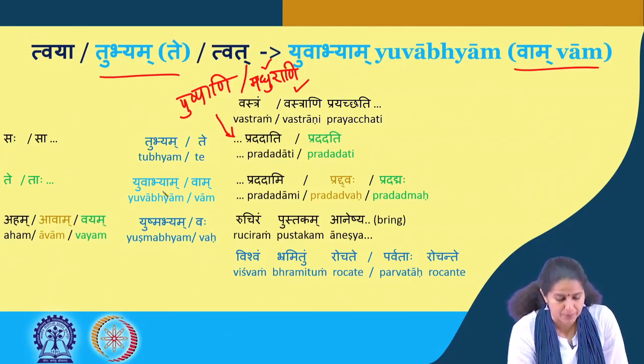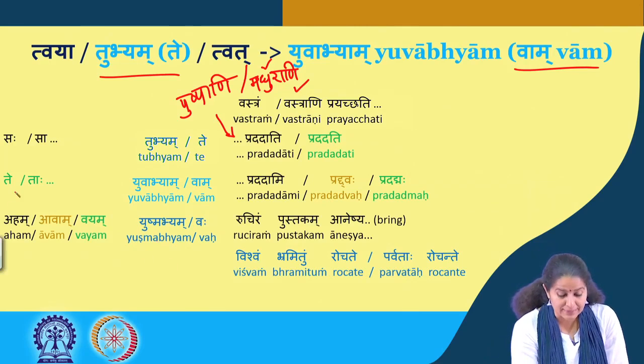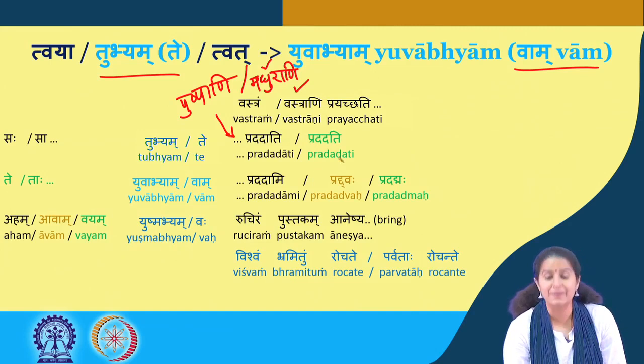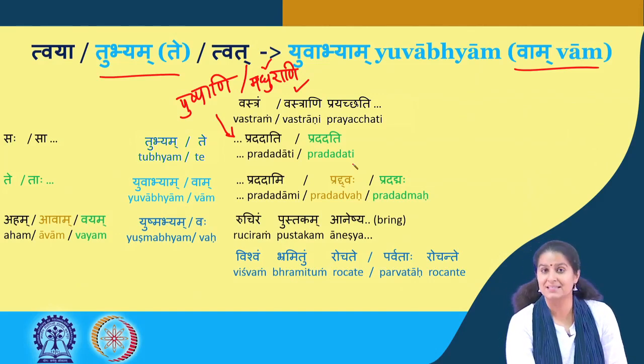Now let's give two people. So, te yuvabhyam or vam madhurani pradadati. Uttamam. And finally, to many people, te yushmabhyam madhurani pradadati. Uttamam. Let's move on to the next or the first person as the subject.